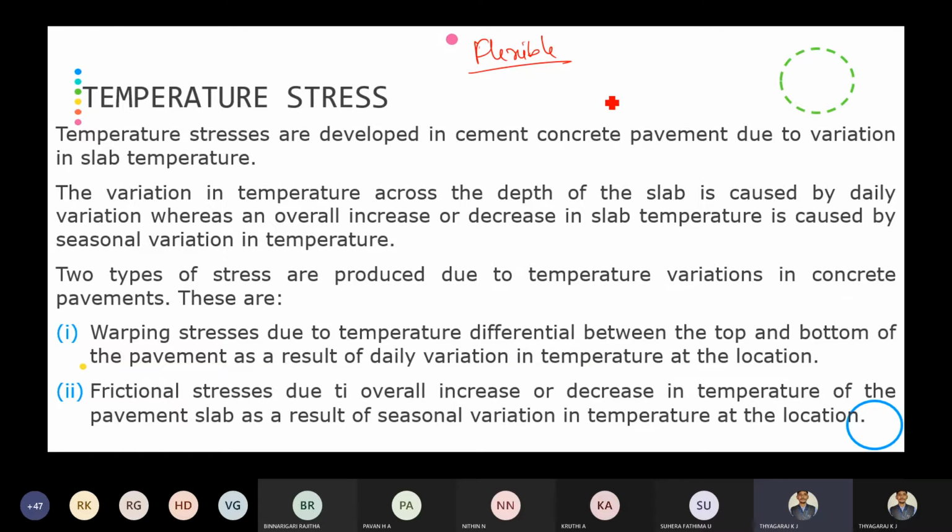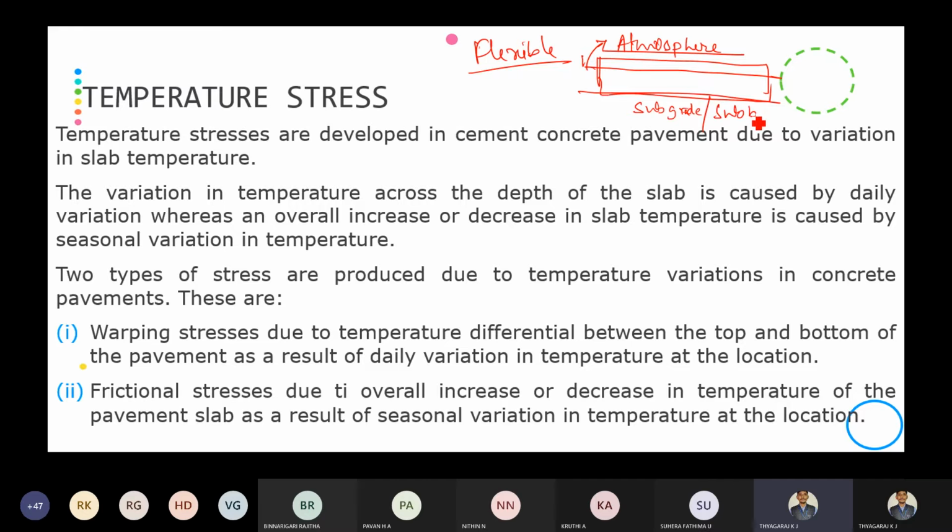Because when you see the cement concrete pavement, only the topmost surface will be exposed to the atmosphere, but the remaining will be resting on the subgrade soil or subbase.